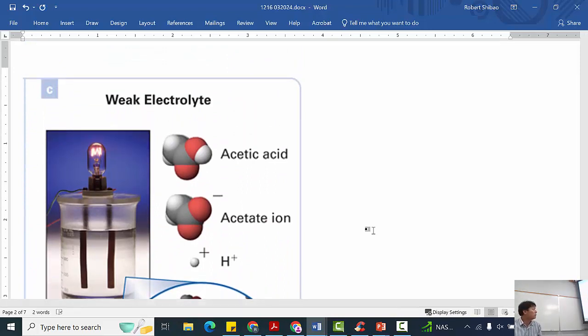Weak electrolytes will dimly light up the bulb. And the weak electrolytes are going to consist of the weak acids. What are the weak acids? Do you have to memorize those? No, you don't have to memorize those. A weak acid is any acid that is not strong.